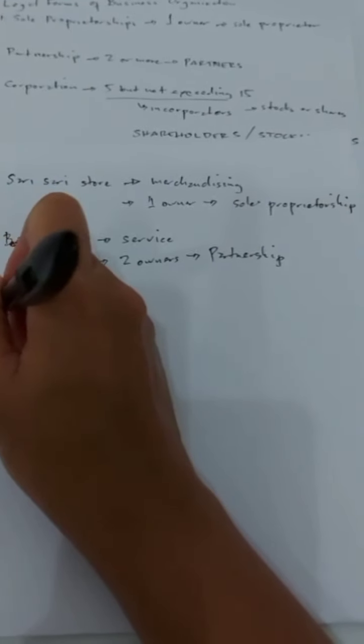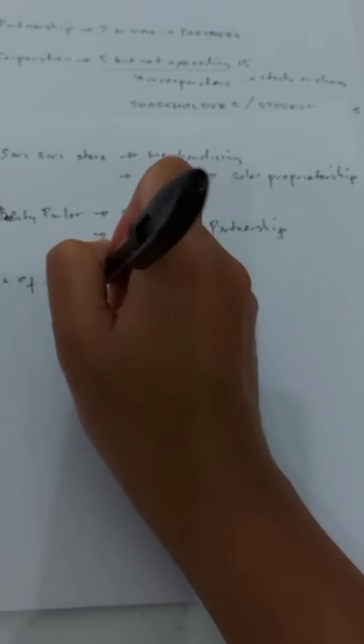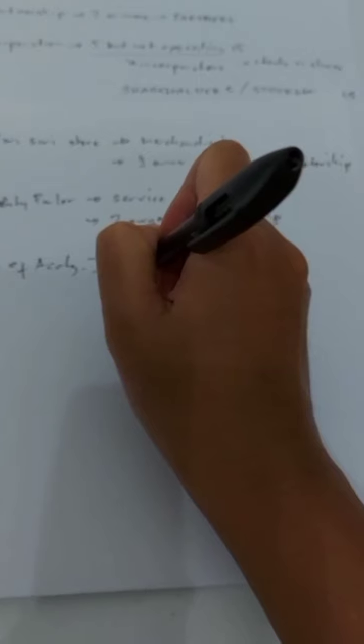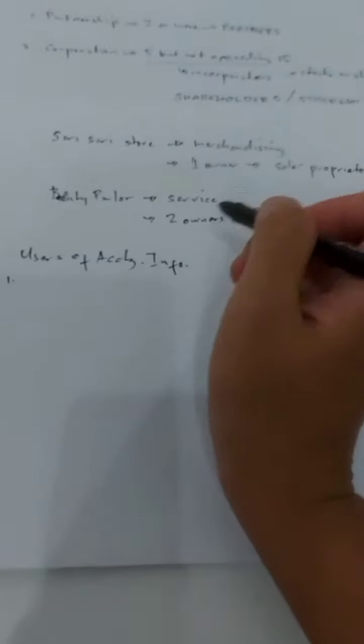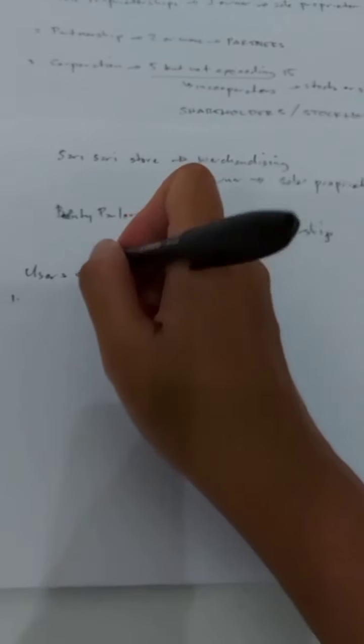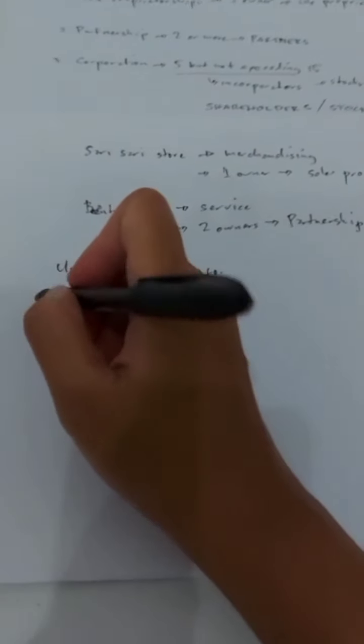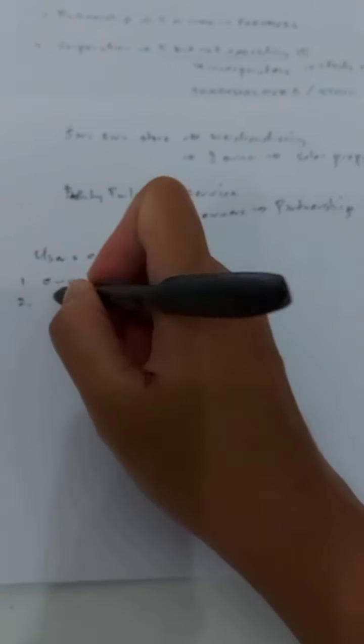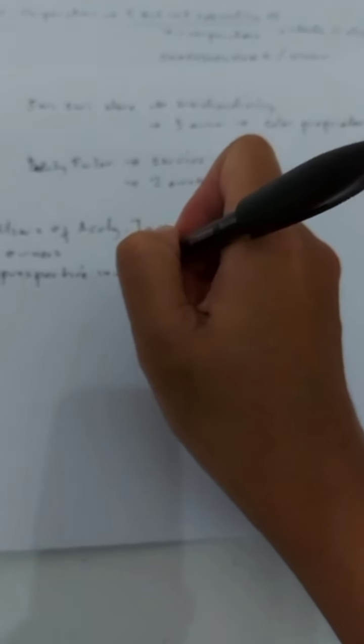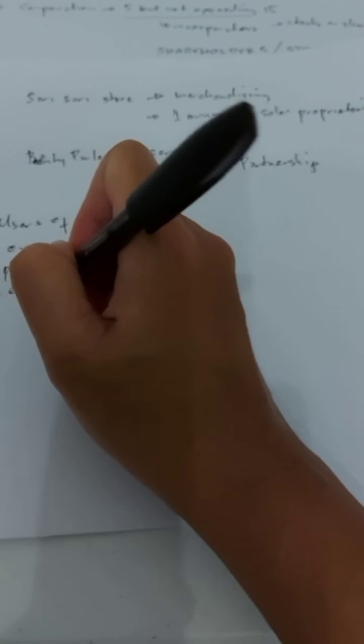So, users of accounting information naman. Pagdating sa users of accounting information, there are 8 users. Tandaan nyo na lang sino yung mga users. Yung una ay owners. Okay, pangalawa ay prospective investors. Third, employees.